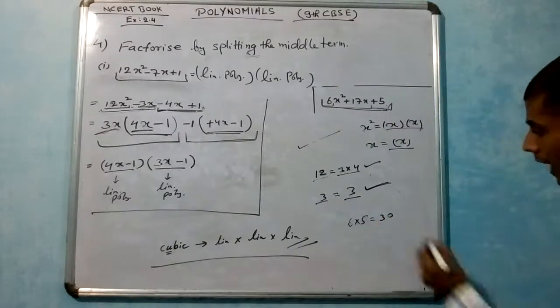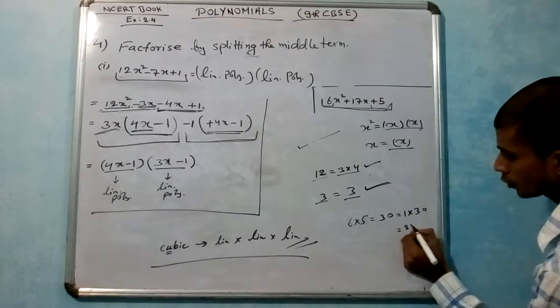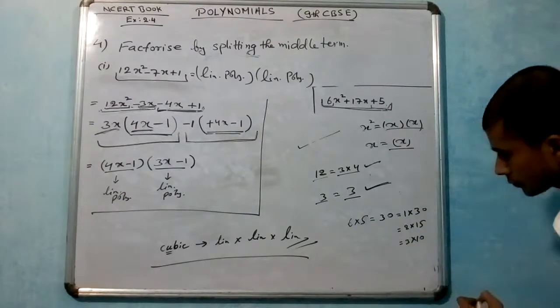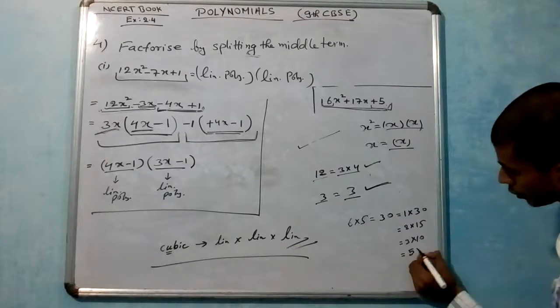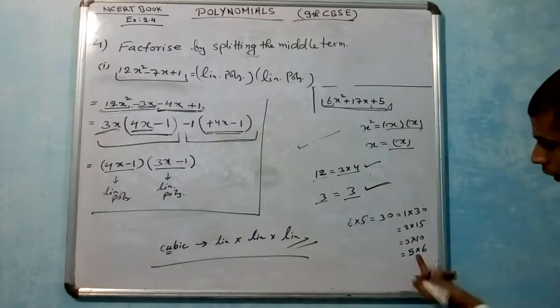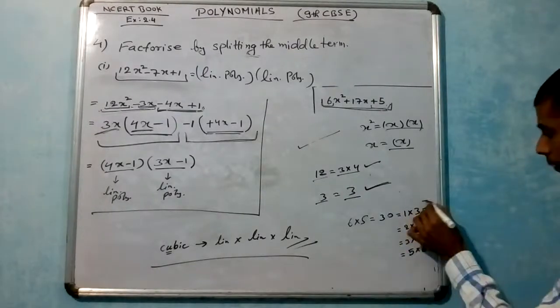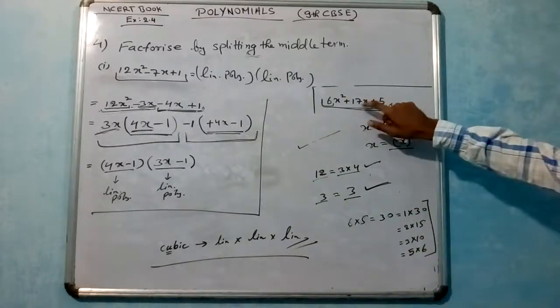And 30 is equal to, start with 1 into 30, 2 into 15, 3 into 10, and then again it will be repeated. 5 into 6, and again 6 into 5 will be repeated. 10 into 3, 15 into 2, 30 into 1, like that it will come. So these are the possible pairs which we can consider for splitting the middle term.